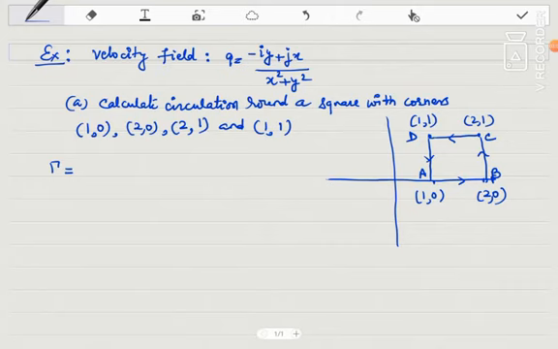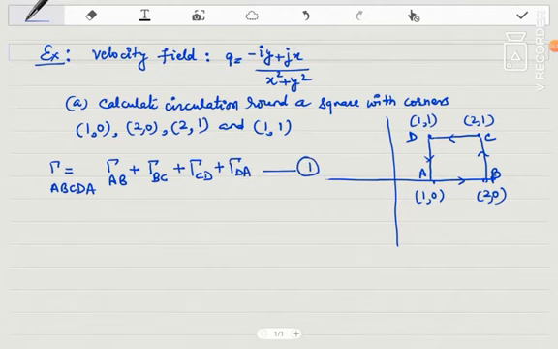It means circulation from A to A, that is A, B, C, D, A, may be divided into circulation, or you can say flow, along AB, along BC, along CD and along DA. It comprises flows along four lines, and I have written it this way because I am calculating it in the anti-clockwise direction.